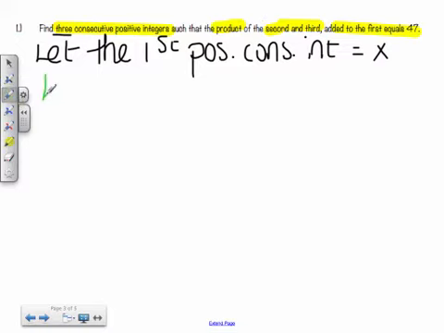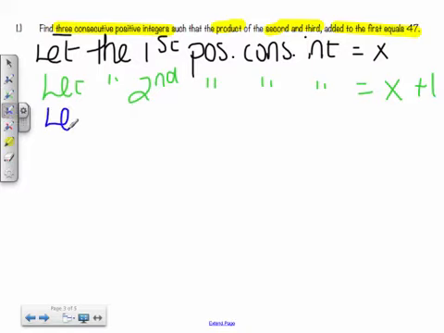I'm just going to say let the second positive consecutive integer equal x plus 1. And then lastly, I'm going to do my third one exactly the same. So let the third positive consecutive integer equal x plus 2.